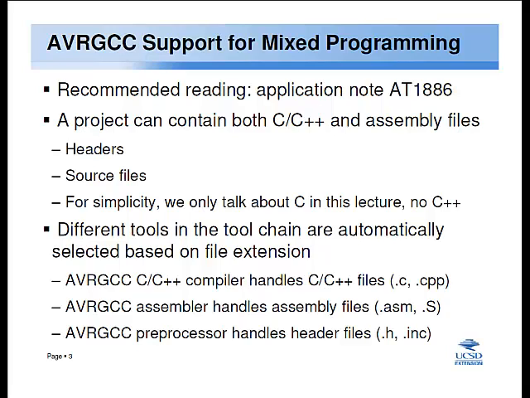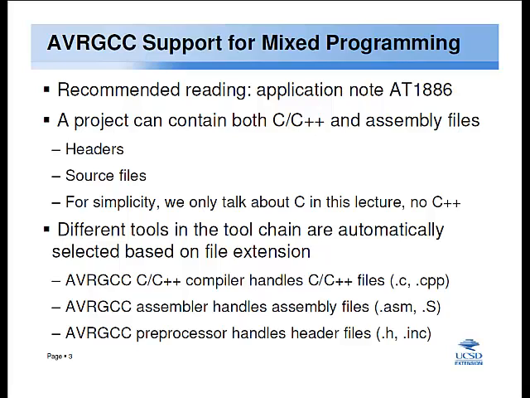Of course, when you're using C language, there are also header files, which basically facilitate use. There's another application note about how the AVR GCC toolchain handles C++ language, but that's out of the scope of today's lecture.